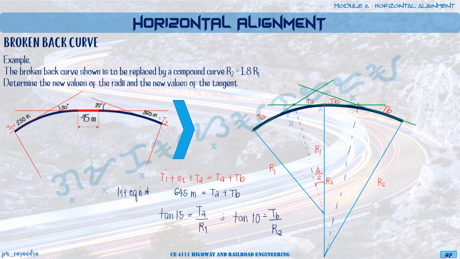Okay? So with that, we could rewrite now our equation as TA is equal to R1 tangent of 15, and we have TB is equal to R2 tangent of 10 degrees. So take note that we have the relationship between R2 and R1.